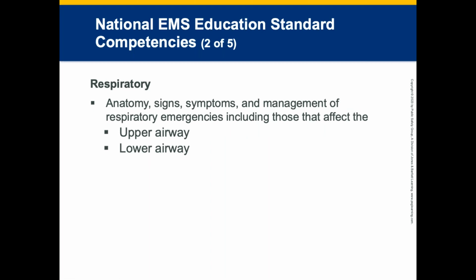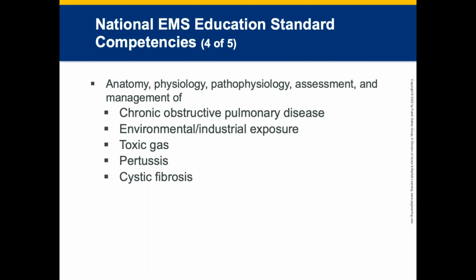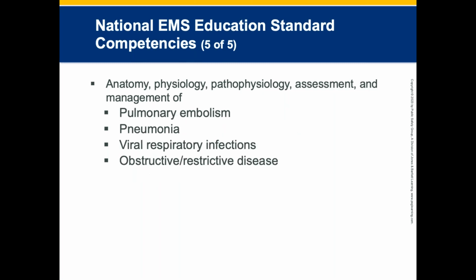We'll go over signs and symptoms and management of respiratory emergencies, from upper airway like stridor and croup to lower airway like bronchitis, pneumonia, COPD, asthmatics. We're also going to talk about epiglottitis, which we see more in our kids, spontaneous pneumos, pulmonary edema, asthma, and then more of the COPD, a little bit about environmental and industrial exposure and toxic gases, pertussis, cystic fibrosis, pulmonary embolus, pneumonia, viral respiratory infections, and obviously obstructive and restrictive diseases.